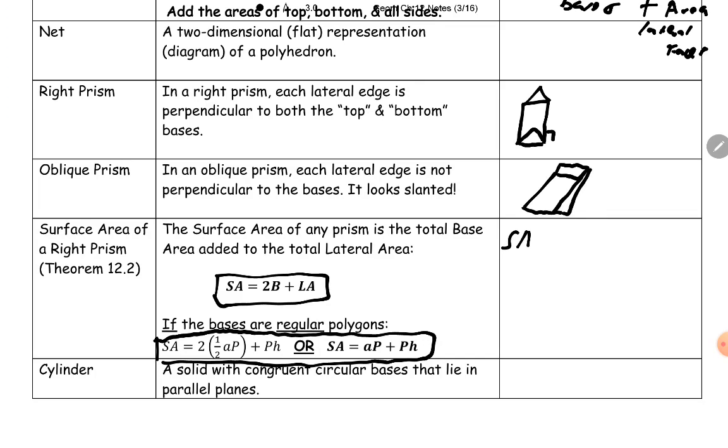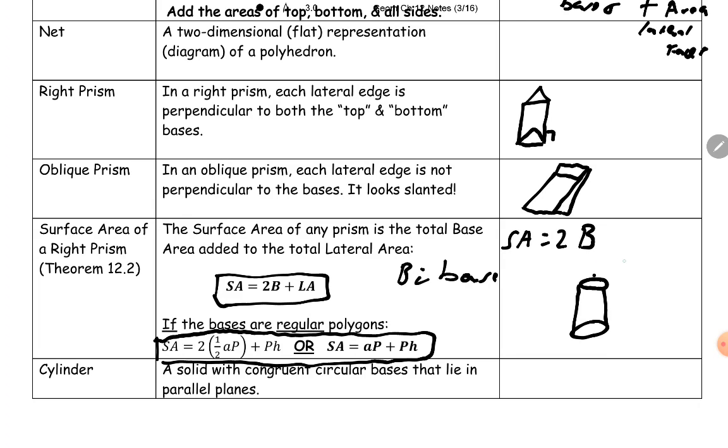Surface area is equal to 2 times, so think of big B as the base. There are two bases. For example, if I had a cylinder, we would have two bases, each the area of a circle. Since we have two, we have to add the areas of two circles.